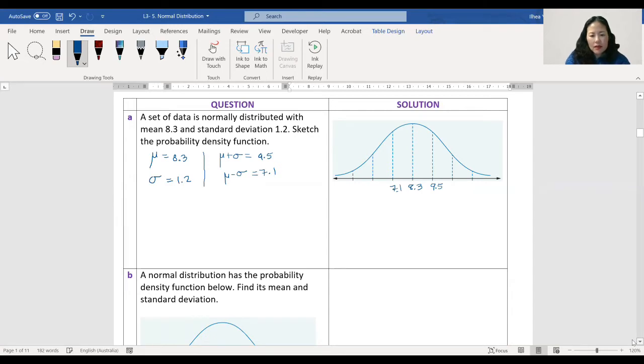Then mu plus 2 sigma is 10.7, and mu take away 2 sigma is 5.9. Let's put all that in: 10.7, 11.9, and 5.9 and 4.7. So that's what I've got there.